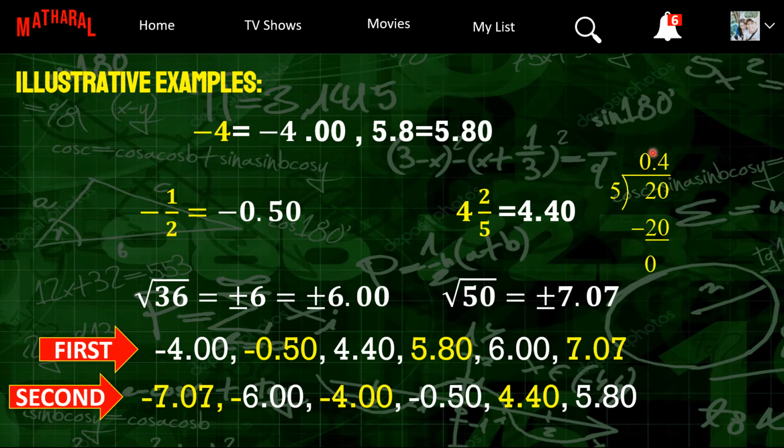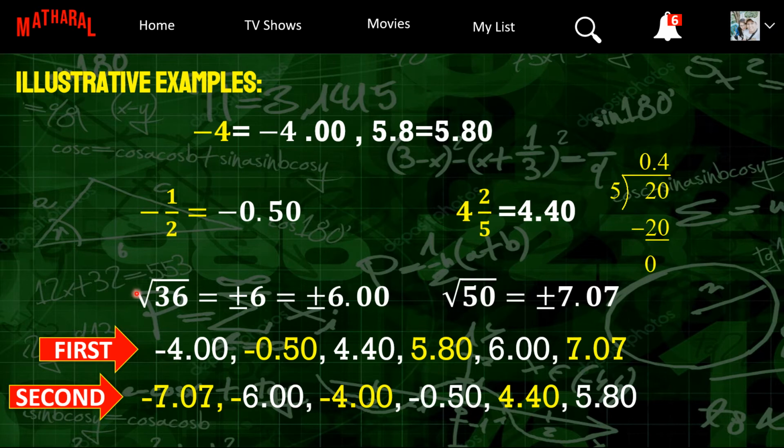Since it is 0.4 or 4 tenths, and since kailangan mag-add ng 2 decimal places right after the decimal point, kaya magdadagdag na tayo ng 0 kay 0.4. So, yan na. Ito na po yung ilan sa mga dahilan kung bakit dalawang digits po ang ating kinakailangan right after the decimal point.